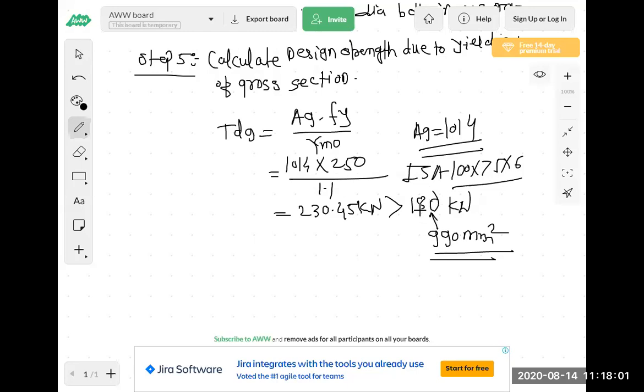So the required area is 990. The area we have provided is 1014, and for this area we got the load carrying capacity as 230 kilonewton, which is greater than 180. Hence the provided section is safe.